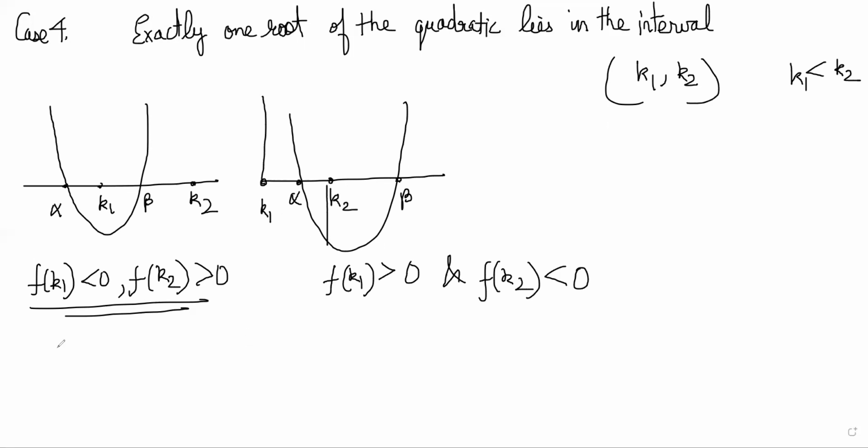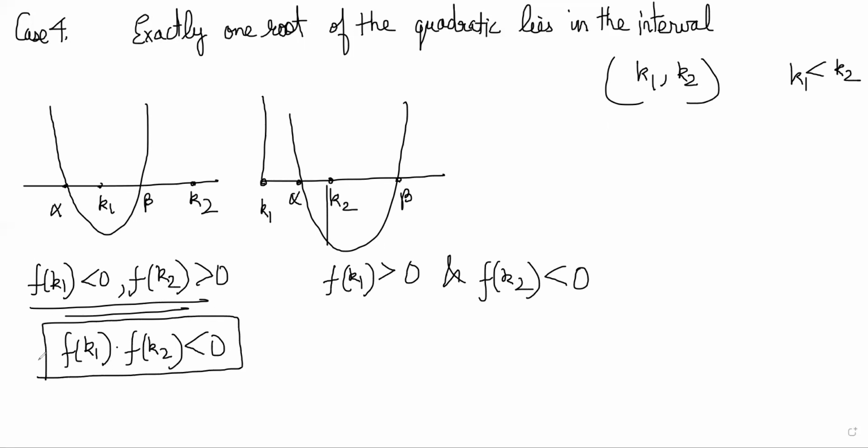So we always have the product f of K1 multiplied by f of K2 is less than 0, right? We always have this situation happening. So we can write the overall condition for this as discriminant greater than 0 and product of f of K1 f of K2 is less than 0.